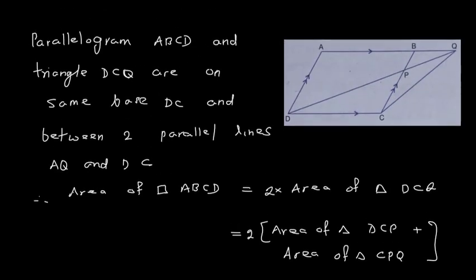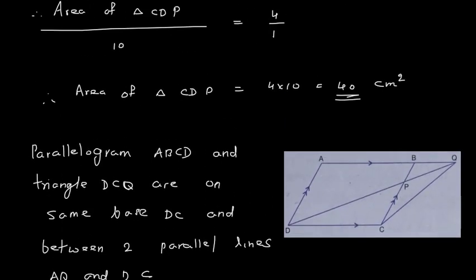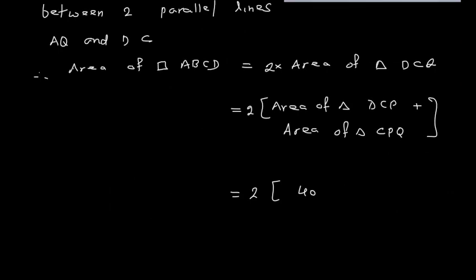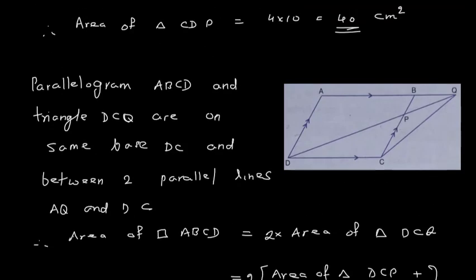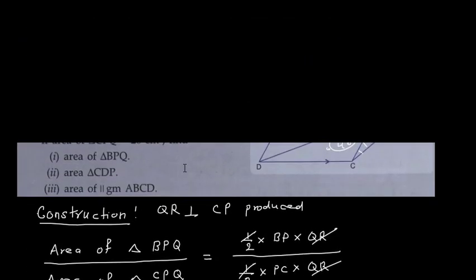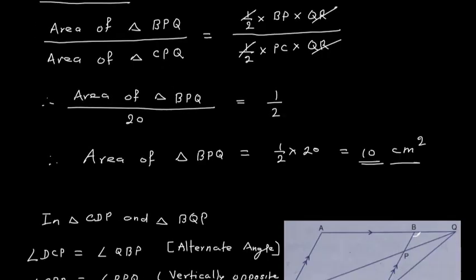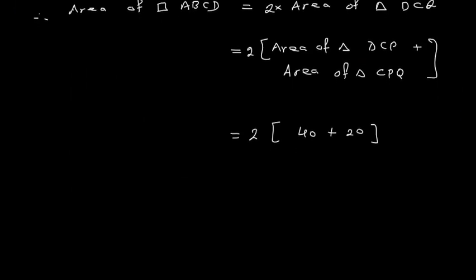You can check here, we have found DCP or CDP, it is 40, plus CPQ, it is given 20, and in the problem it is mentioned that the area of CPQ is 20. So this is 2 into 40 plus 20 is 60. So 2 into 60 is what? It is 120 centimeter square.